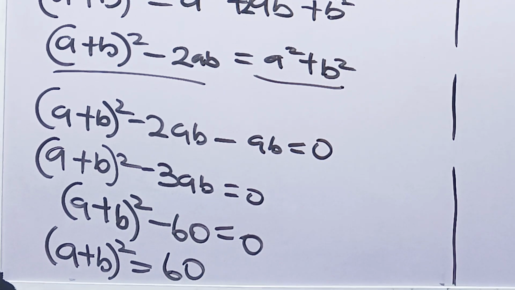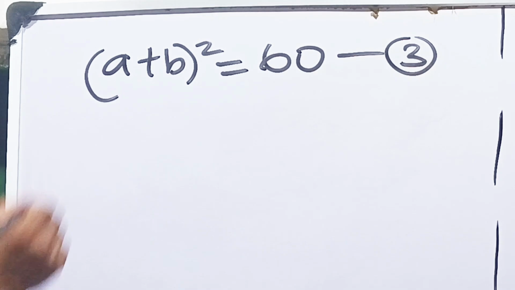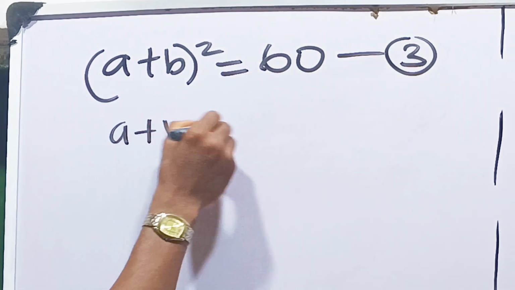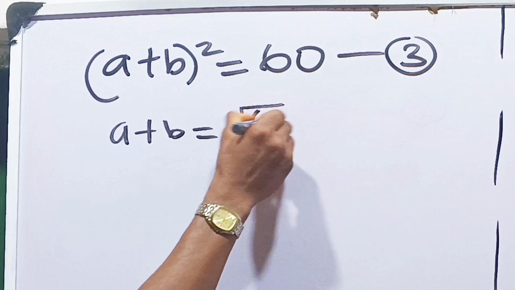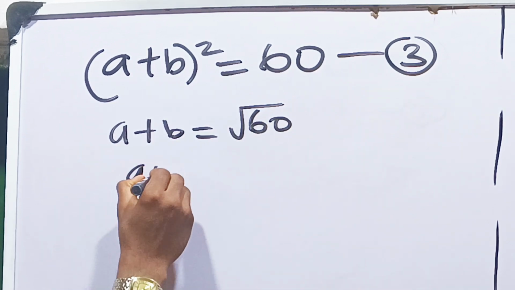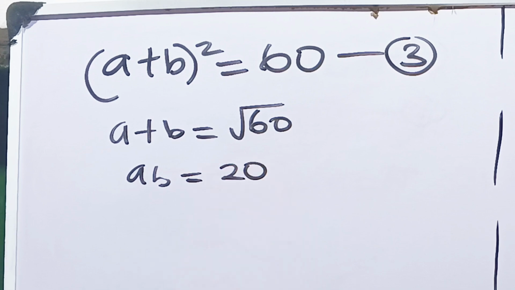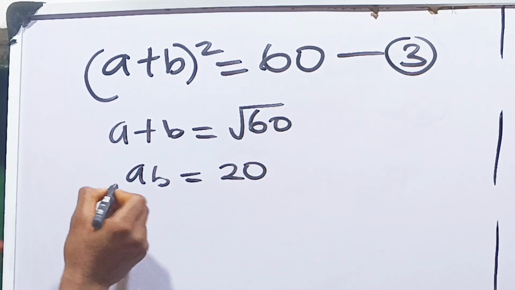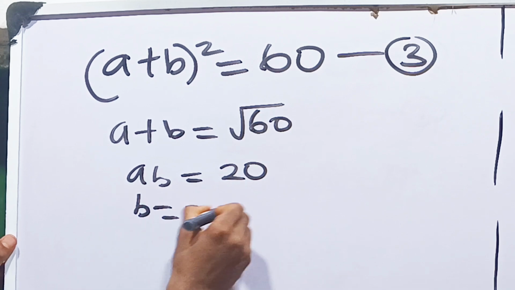So we've got another equation. We can call this equation 3. So you can say now from equation 3, we have that a plus b is equal to the square root of 60. But recall that we had that ab is equal to 20. Let's say that b is equal to 20 over a.